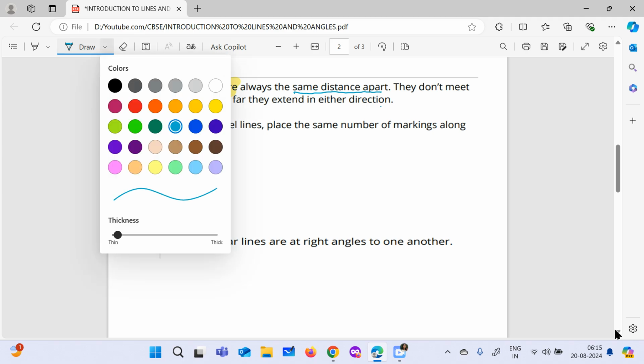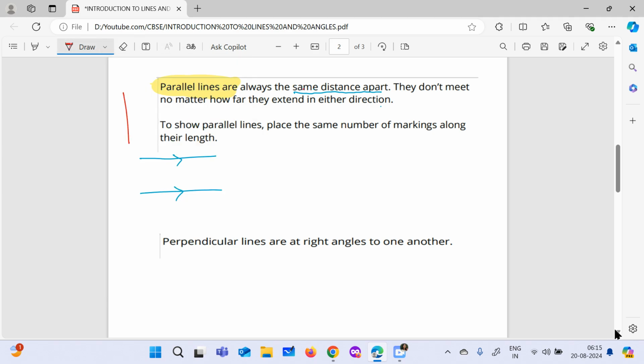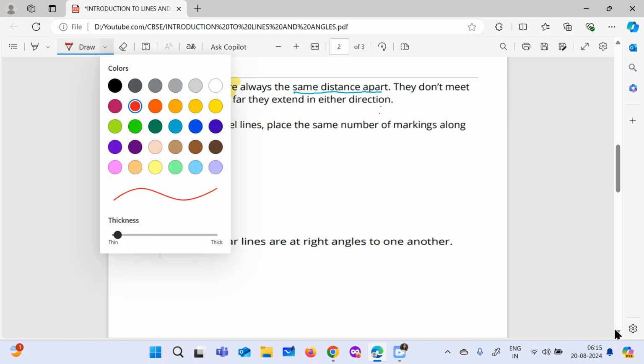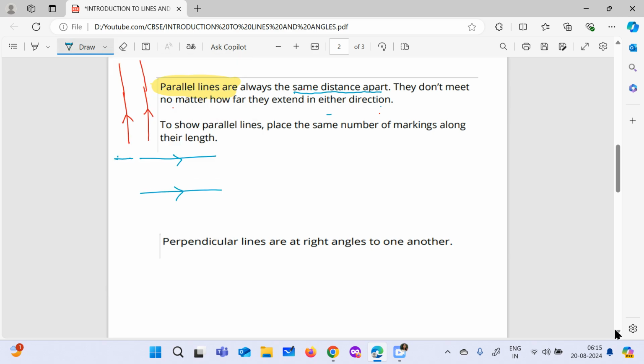Then we can also represent parallel lines like this, right? They do not meet no matter how far they extend in their direction. So even if I extend this line in this direction, or in whatever direction I keep on extending, since they are parallel lines, they will never intersect, meaning they will never cross each other. See, when they are crossing, these are not parallel lines. So parallel lines never intersect each other. They do not meet. Okay.